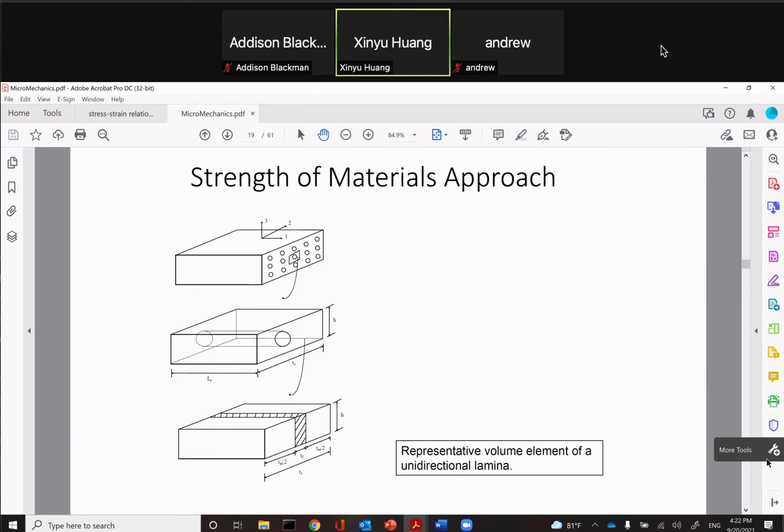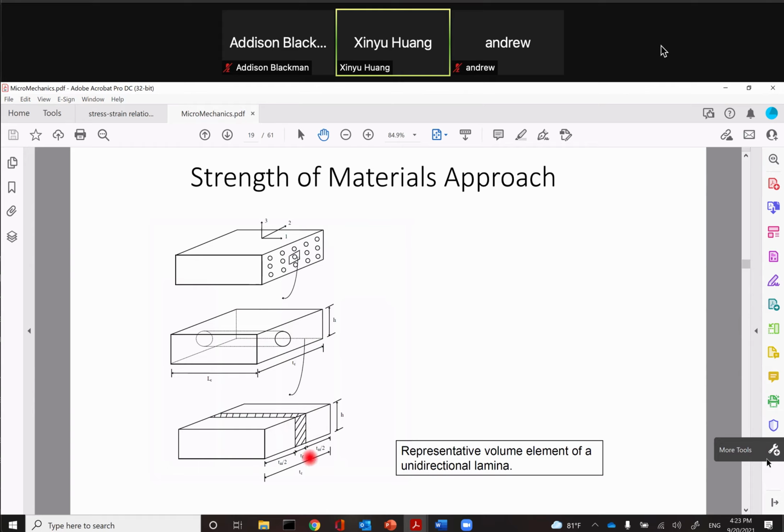This thing is hard to analyze because the geometry is not uniform. You can assume the property of this one is equal to this one. Now you deform the fiber into a layer of material. This has the fiber property. This has the matrix property. Instead of analyzing this cylinder in a brick, you analyze three bricks together.